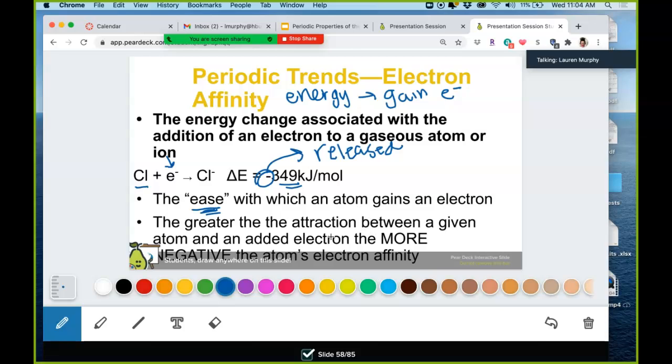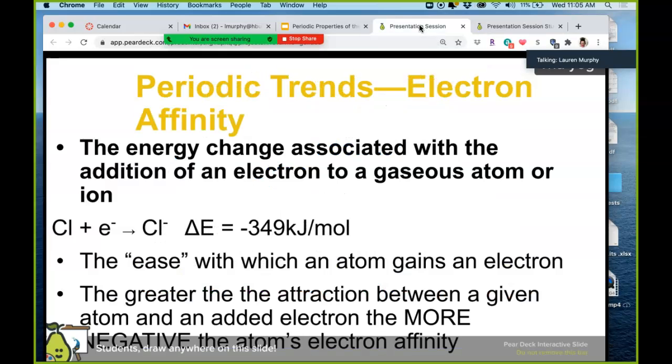Now it's hard because we look at negatives and we think magnitude, and you go, well, isn't this a low number, like negative 349? Well, the answer is no, because there's no such thing as negative energy. This is a high electron affinity because it is releasing a lot of energy. The more energy something releases when it gains an electron, the more easily it had taken in the electron.